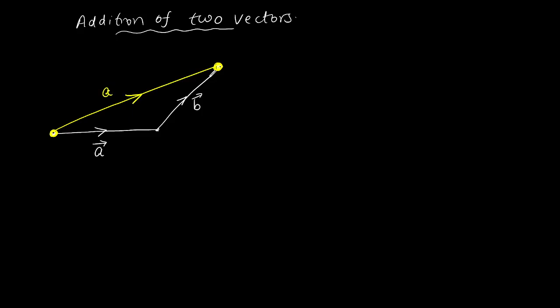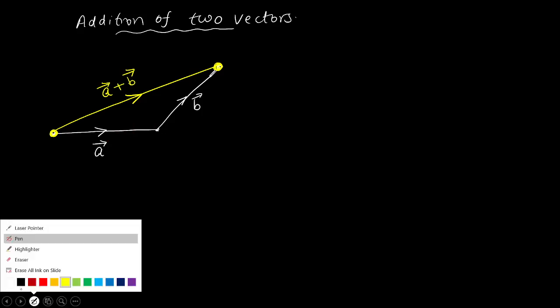It is denoted by A plus B. Initially I got the displacement A, later I got another displacement B. To add two vectors, first A is drawn, then B is drawn. Just complete a triangle, meaning join the initial and final point. You will get A plus B. This is very important.